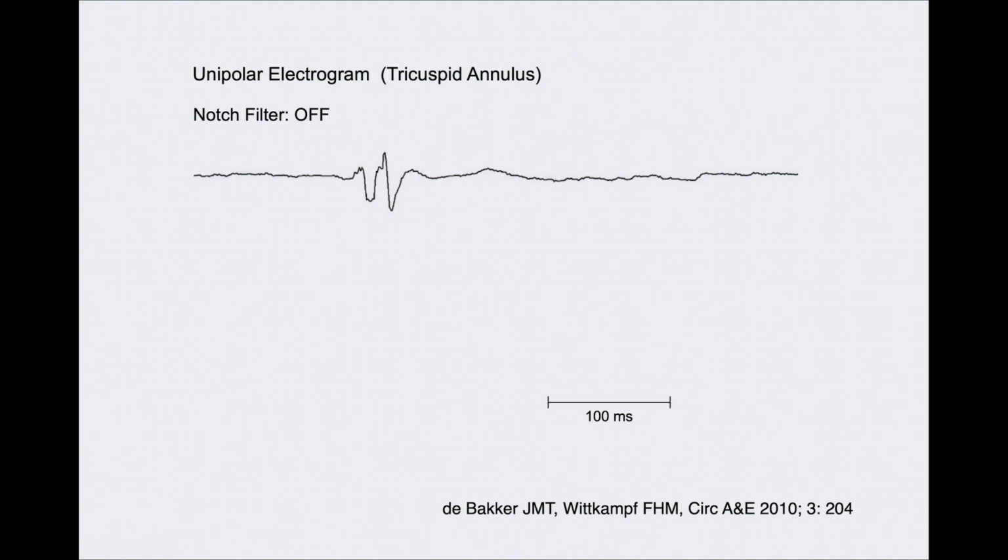Here is a figure from an excellent review article by Jacques Debacker and Fred Wittkampf. The figure legend says that this is a unipolar electrogram recorded at the tricuspid annulus. Notice these potentials are very close together. To me, they look like a ventricular and atrial potential.